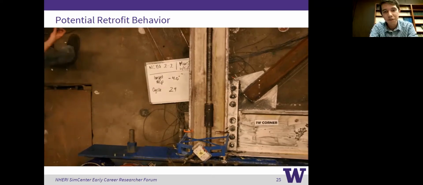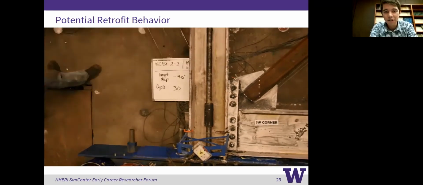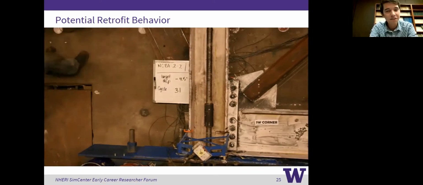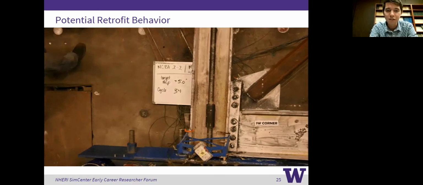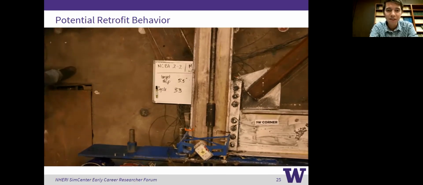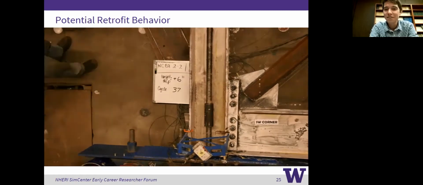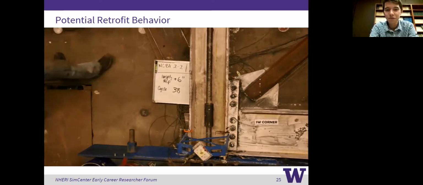You can see significant yielding of the gusset plate and a lot of rotation at the beam to column joint after the gusset to beam weld is fractured. So, how do we model this? This is nothing like what we've seen with the SCBFs.